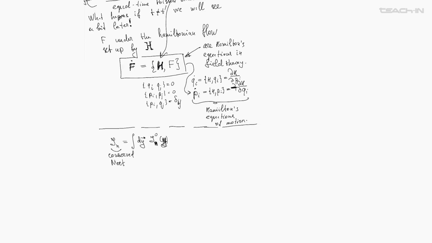And explicitly, we know what this is. This is the following expression. So minus pj, and here we have this response function phi jn, depending on phi.